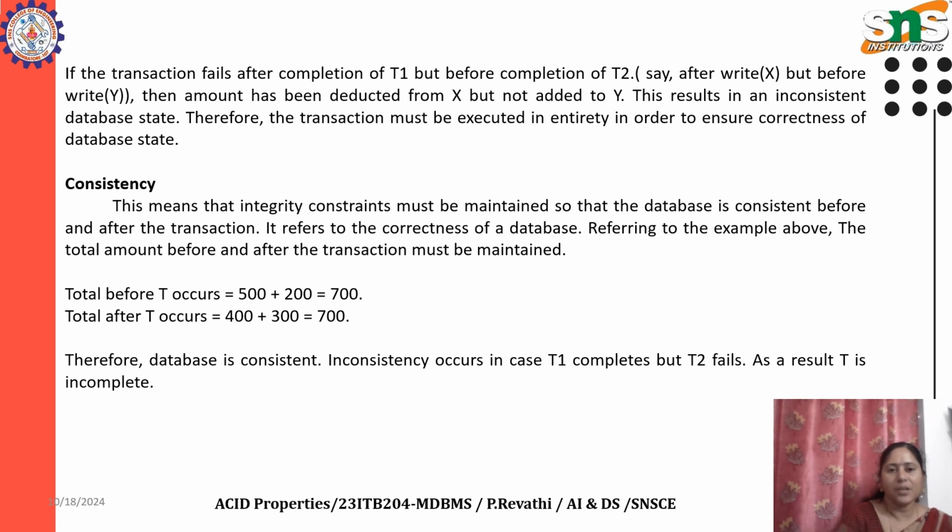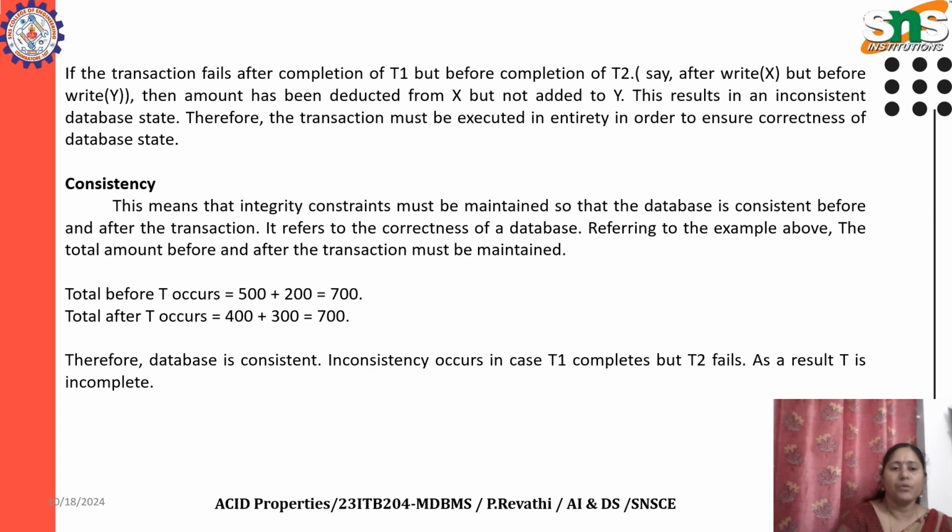Consistency. This means the integrity constraints must be maintained so that the database is consistent before and after the transaction. It refers to the correctness of database. Referring to the example above, the total amount before and after the transaction must be maintained.